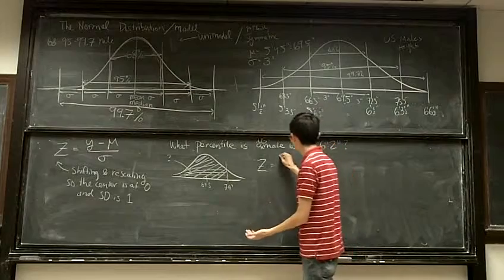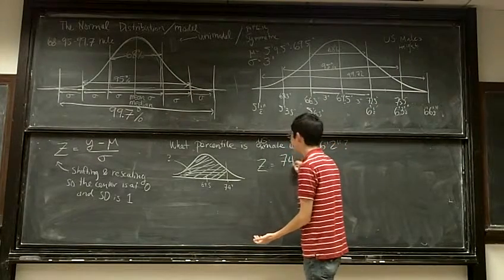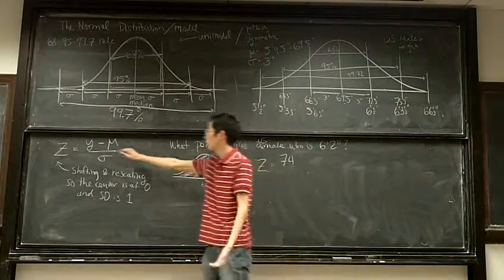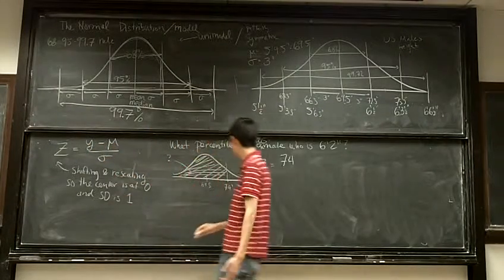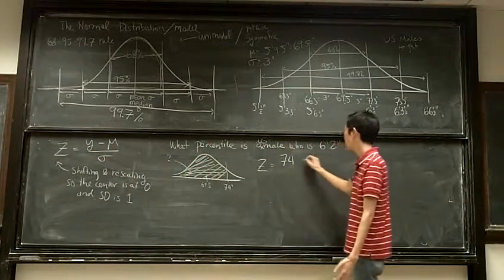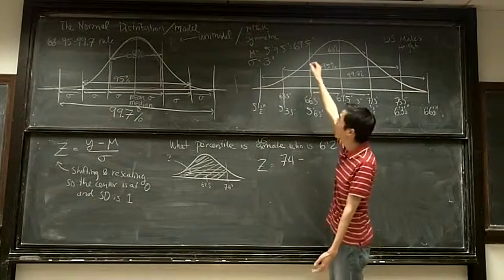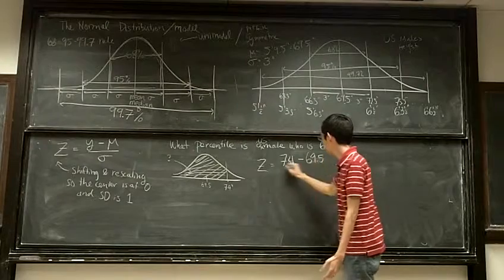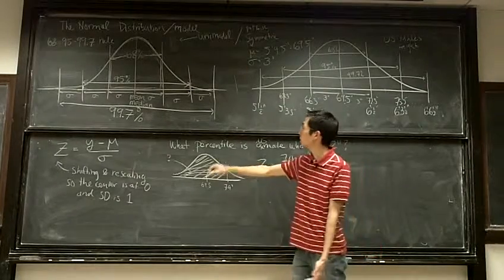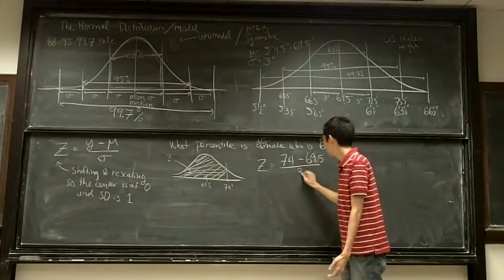So we take 74 inches. So again, our z-score is y minus mu divided by sigma. So we put 74 as our y. Our mu is 69.5. And our sigma is our standard deviation of 3 inches.